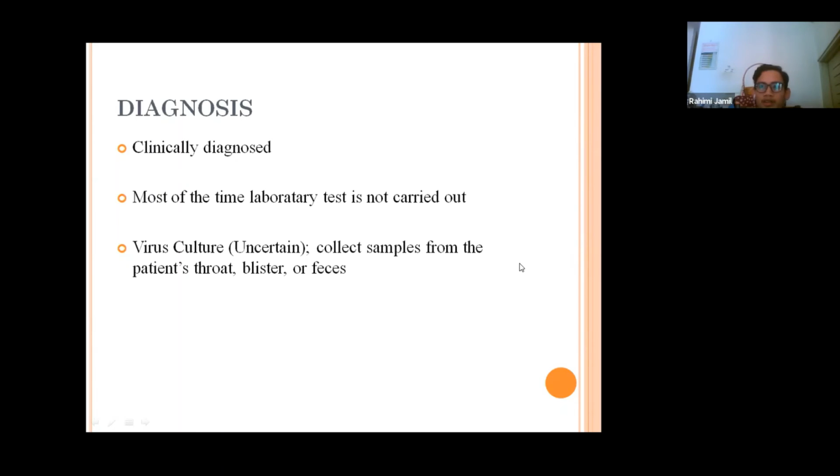For example, most of the time, oral enanthem and exanthem will both be present in the patient. But if only the oral enanthem or only the exanthem is present, we can do a virus culture by collecting the patient's throat swab or blister fluid. In other conditions, for example if the patient manifests with central nervous system involvement, we may consider the patient was infected by enterovirus A71.